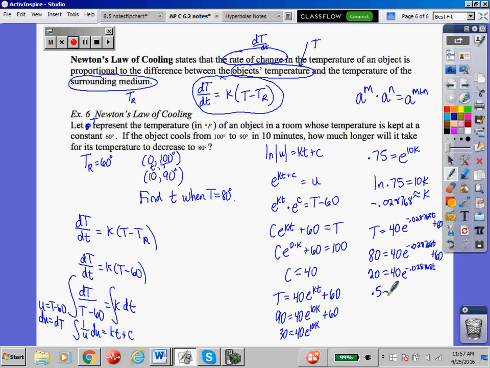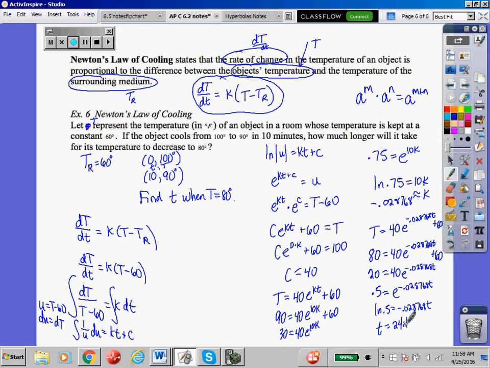Divide by 40. Are you getting t equals 24.1?